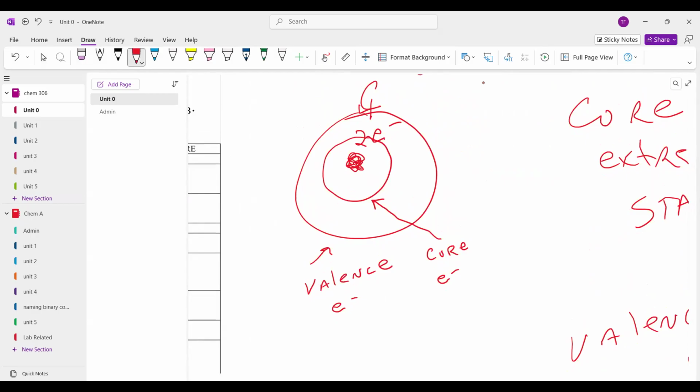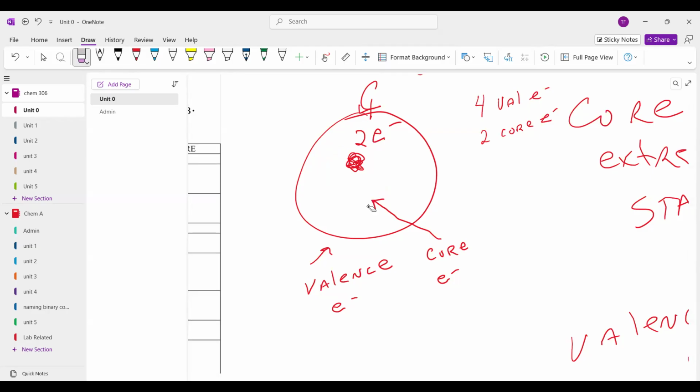Carbon has 4 valence electrons and 2 core electrons. The core electrons are extremely stable and don't enter into any reactions, so we can ignore that. All we're interested in is those 4 valence electrons.